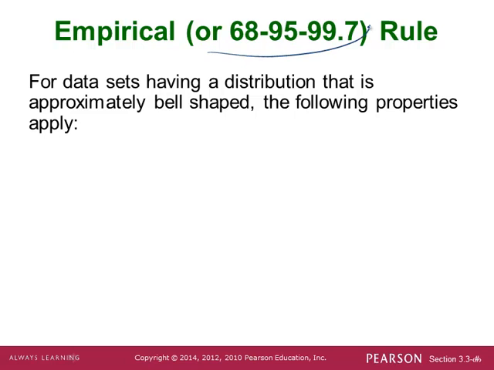Now, we're going to be talking about certain distributions that are bell-shaped, in particular the normal distribution, but this applies also to the t-distribution and other distributions that are approximately bell-shaped. And this rule that we're going to talk about is the 68, 95, 99.7% rule.